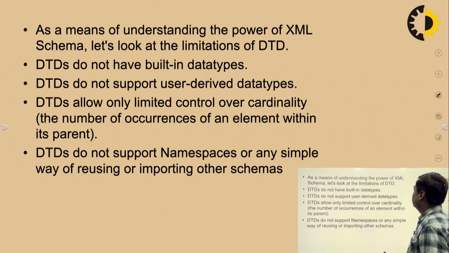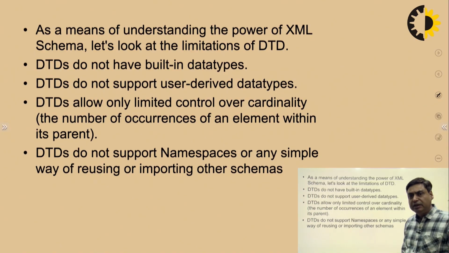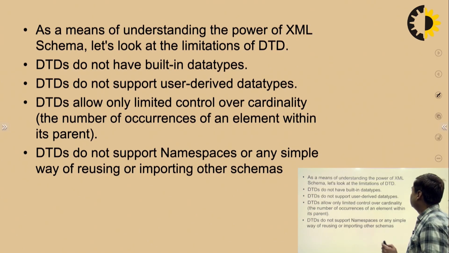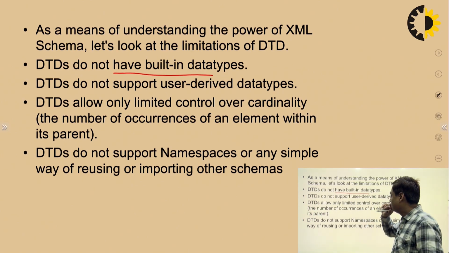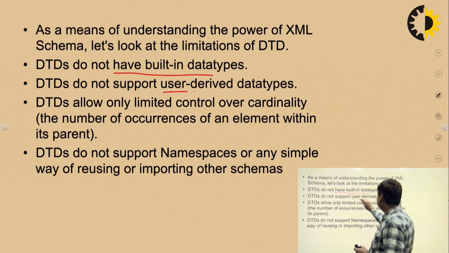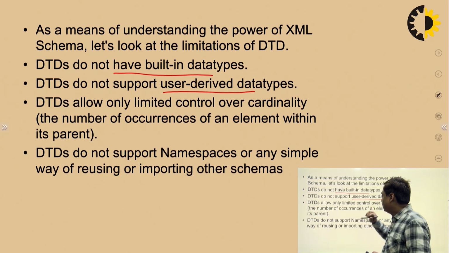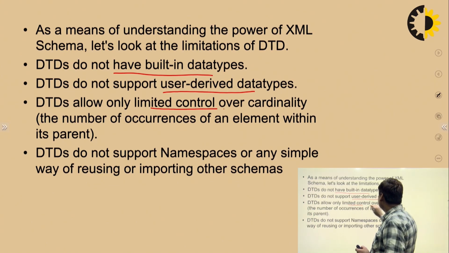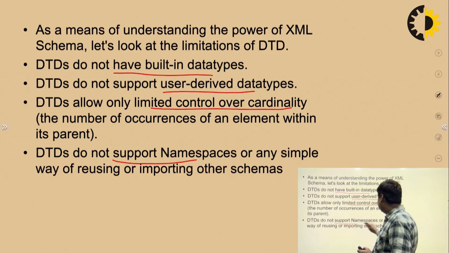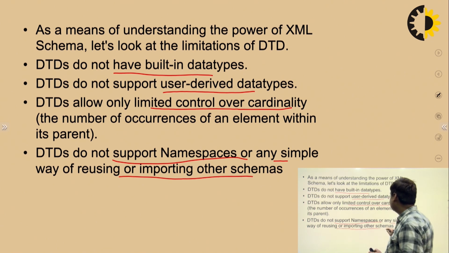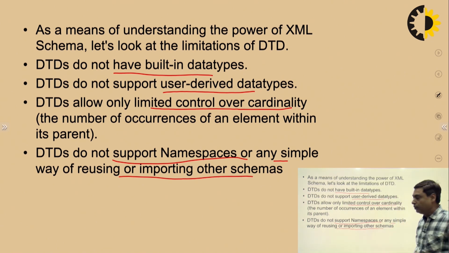Now, if you make a comparison between DTD and XML schema, there are many limitations of the DTD. DTD does not have built-in data types, does not support user-derived data types, allows only limited control over cardinality, and does not support namespaces or any simple way of reusing or importing other schemas.